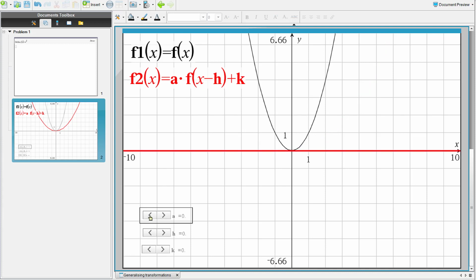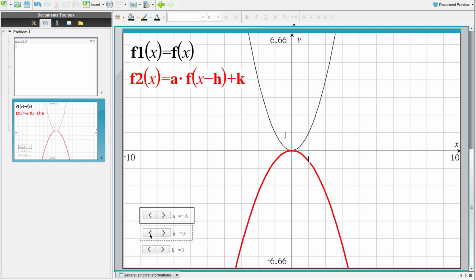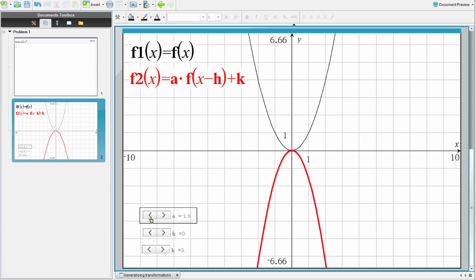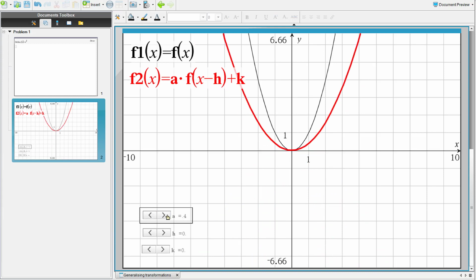If we were to keep going and making a smaller and make it negative, we also get that reflection. So at the moment here, a is equal to negative 2. So there are two things happening there, reflection in the x-axis and dilation from the x-axis by a factor of 2.